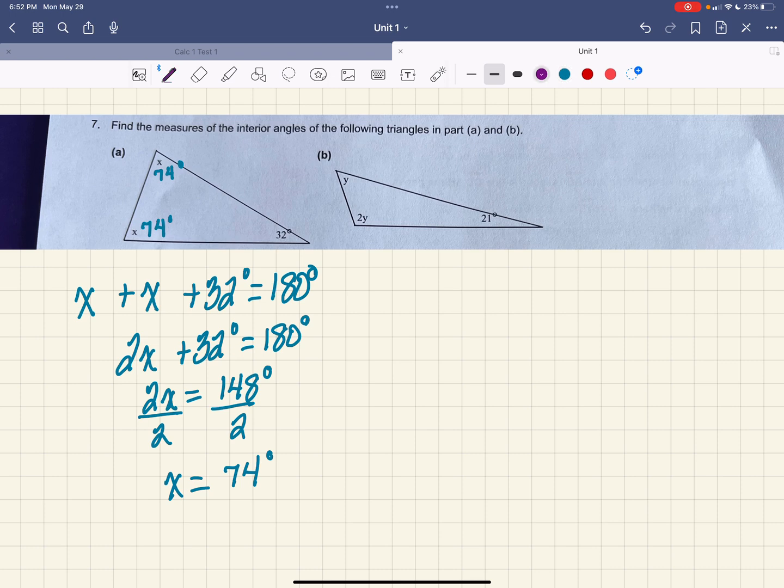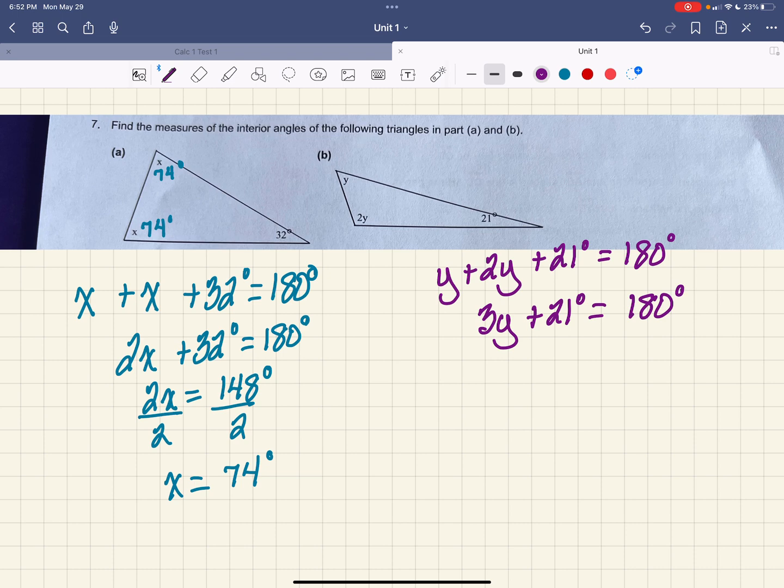And now we're going to do the same thing with our other triangle, but here I've got y and 2y and 21. So I'm going to have y plus 2y plus 21 degrees equals 180 degrees. Okay, so now I've got 3y plus 21 degrees equals 180 degrees.